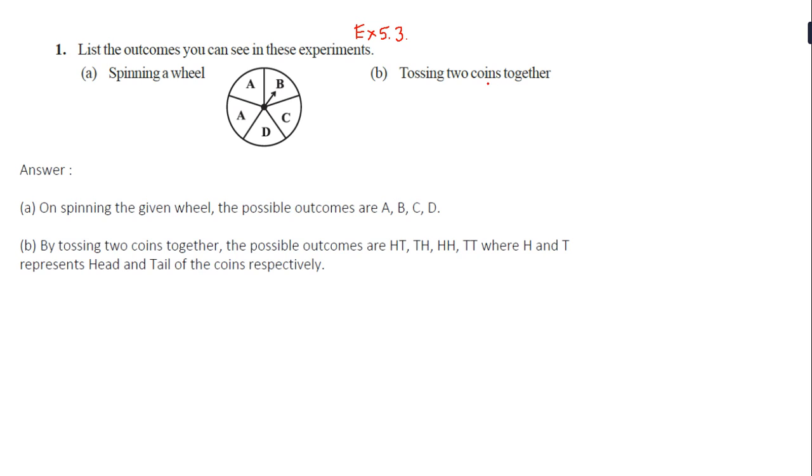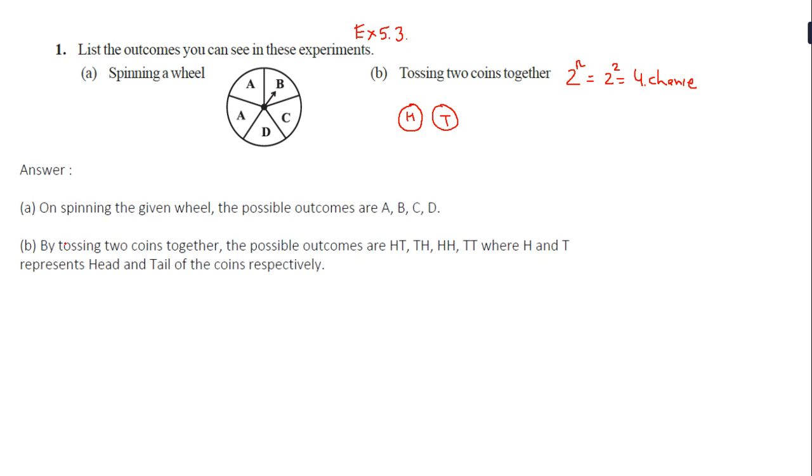Tossing two coins together. If you see a coin, then we say head on one, and on the other we say tail. When two coins are there, a coin has two sides, so the formula is 2 to the power n. Tossing two coins, so 2 to the power 2, that is why 4 chances are there.